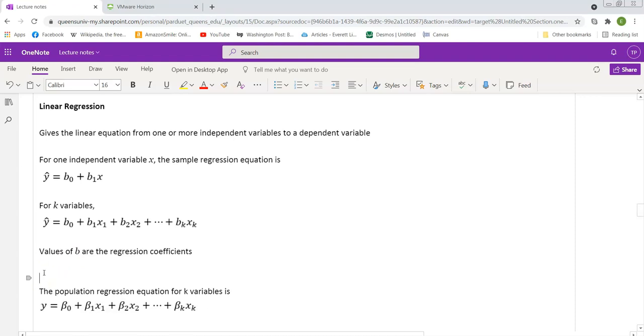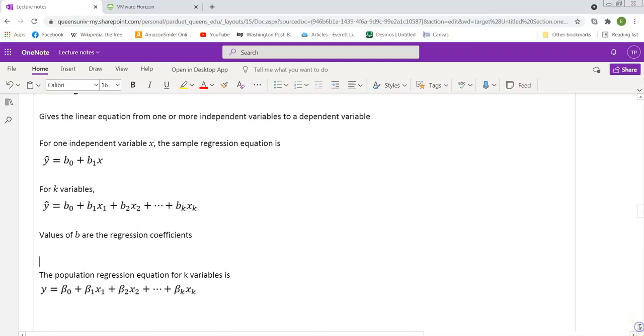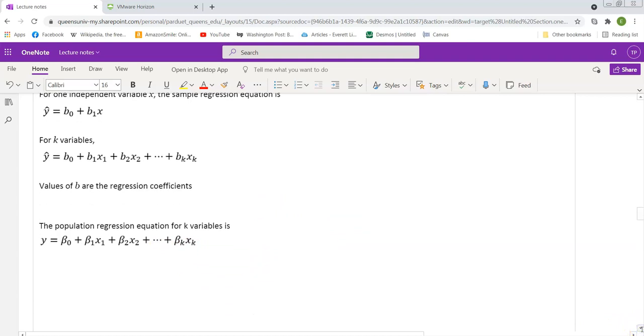Now, there is a population regression equation, and this is really what we're trying to infer to. So in theory, there's this population regression equation, and the sample regression equation is our best estimate for that. Okay, so that's what we're trying to do, come up with this model as closely as we can.